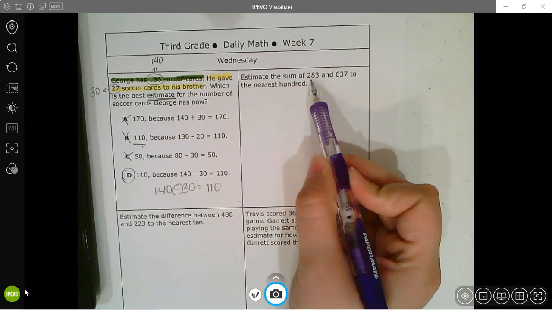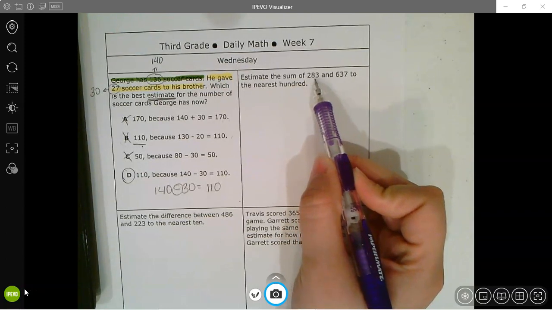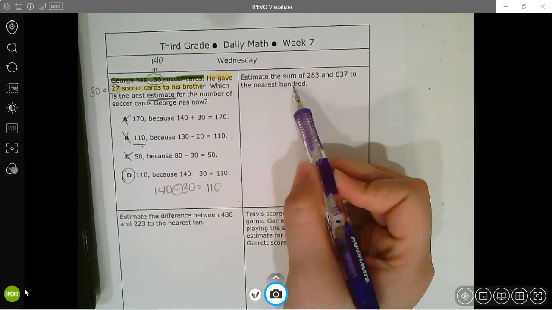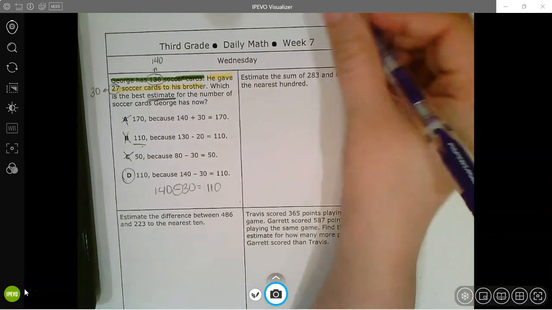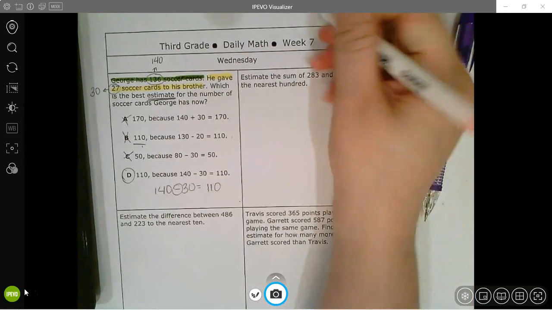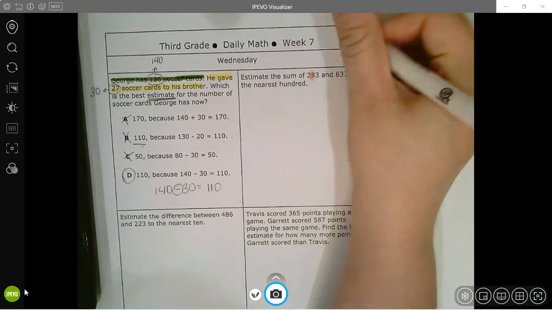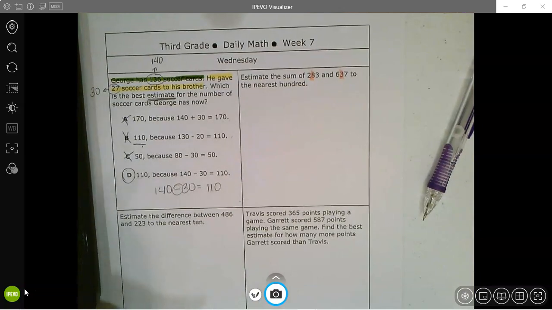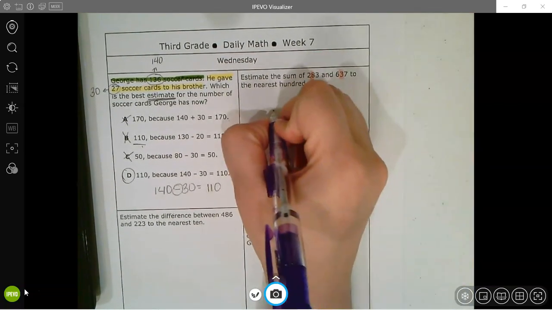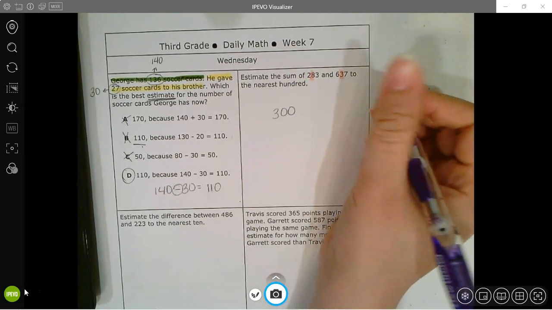Estimate the sum of 283 and 637 to the nearest 100. Okay, so that means we're going to be looking at the number in the tens place to help us. So 283, I can round that to 300.